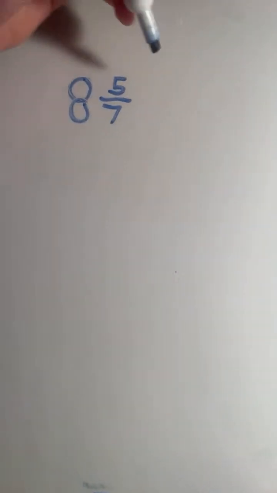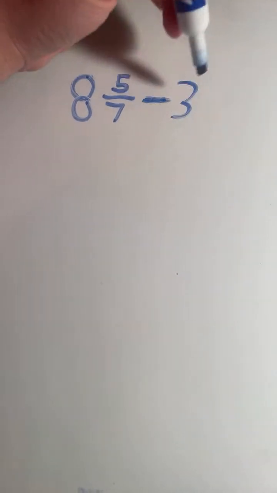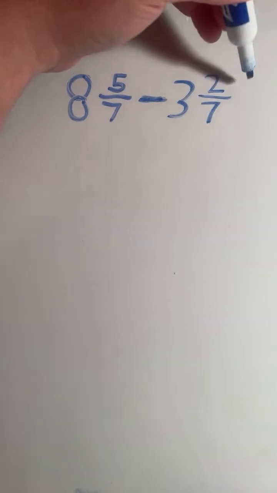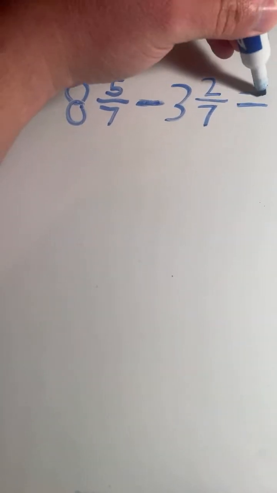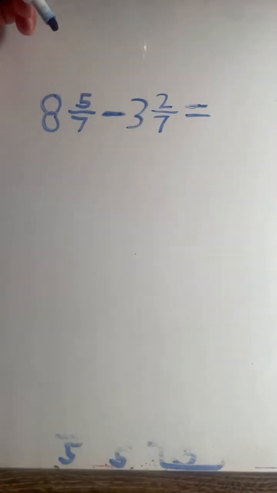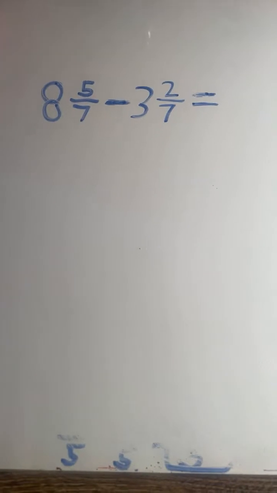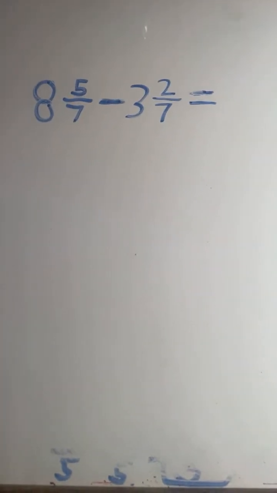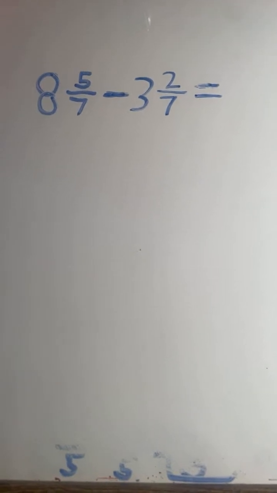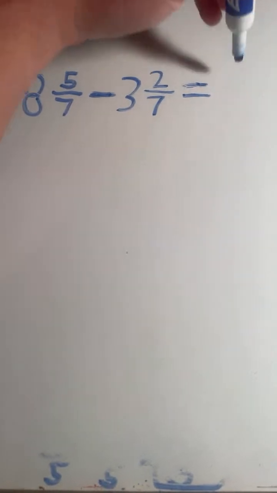All right, 8 and 5/7 minus 3 and 2/7. So for these next couple, I outlined the steps, and I'm just going to apply the steps a little bit more fluently. So step 1, subtract the whole numbers. 8 minus 3 equals 5.